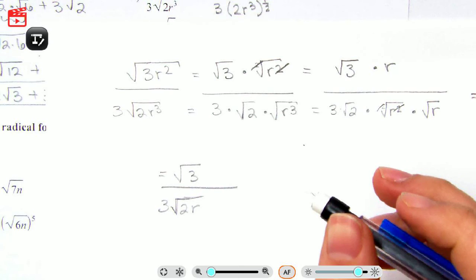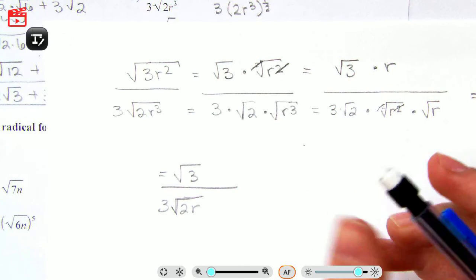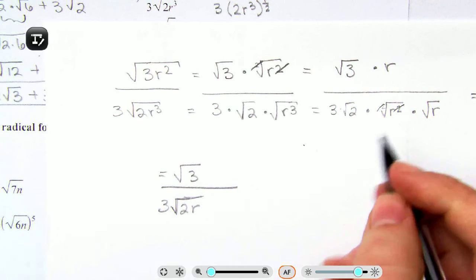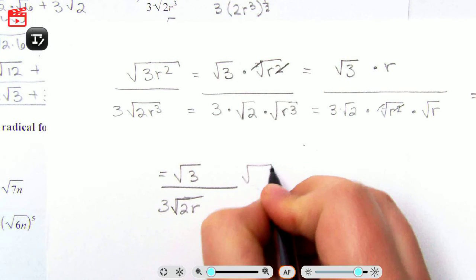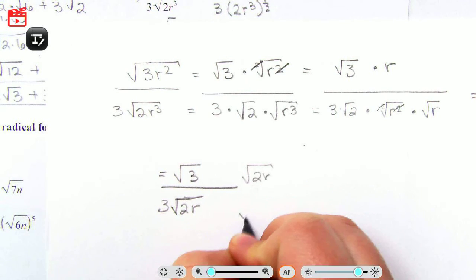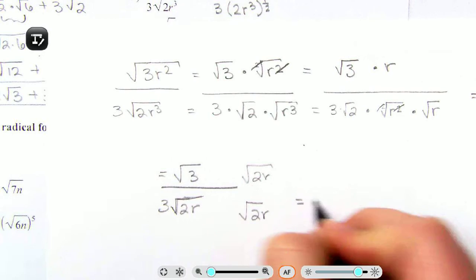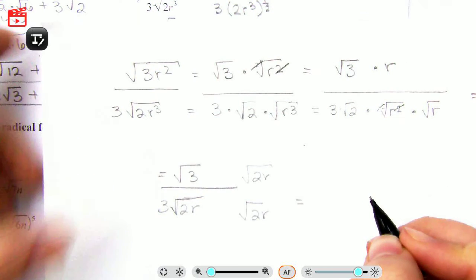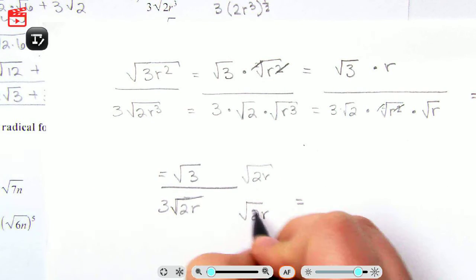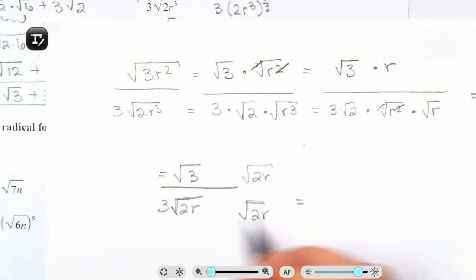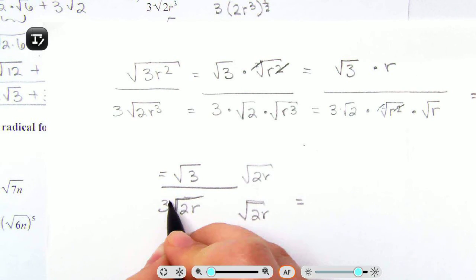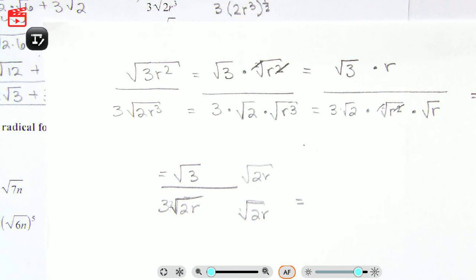We're going to multiply this top and bottom by root 2r. And the reason I'm doing that is because I want to get rid of this root. If I multiply it, and I have a square root squared here, it will cancel out.